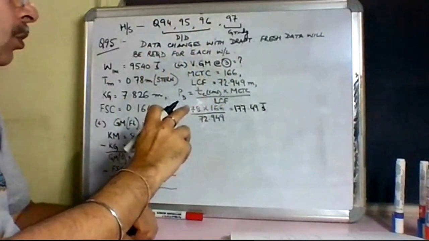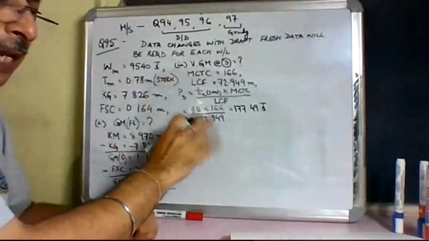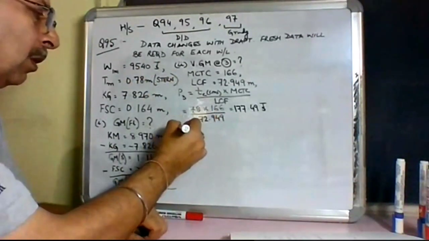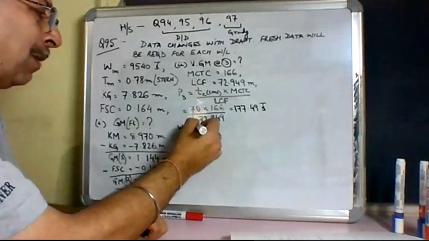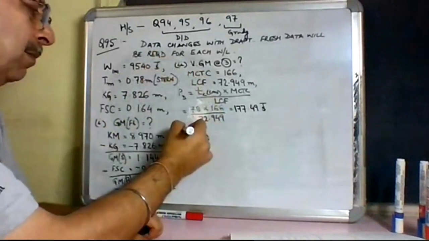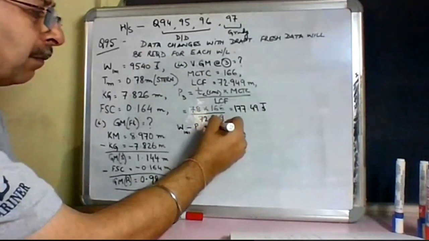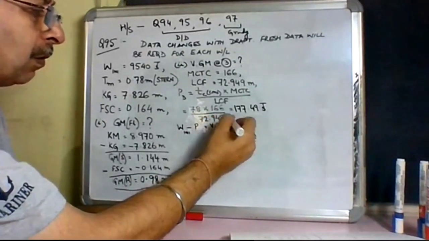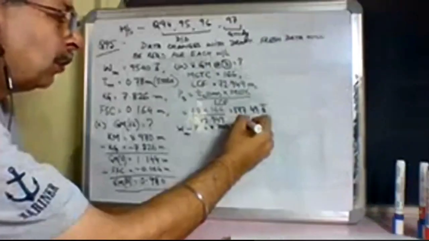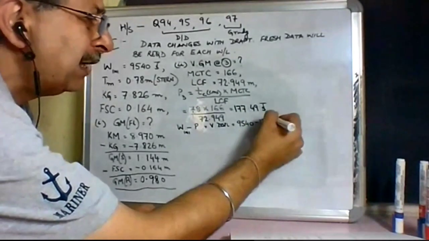So I need the VGM. मैंने P निकाल लिया है. So now I will find out W minus P, that is W initial minus P. This will give me the virtual displacement. That is equal to 9540 minus 177.49 या 5 एक ही बात है.